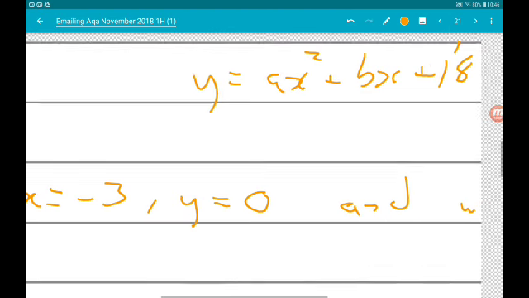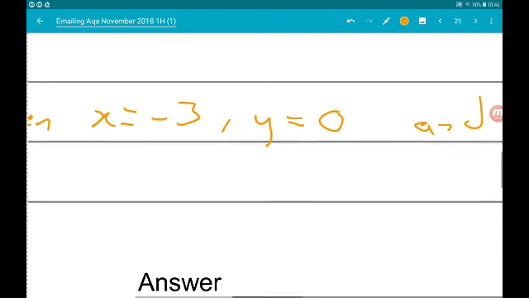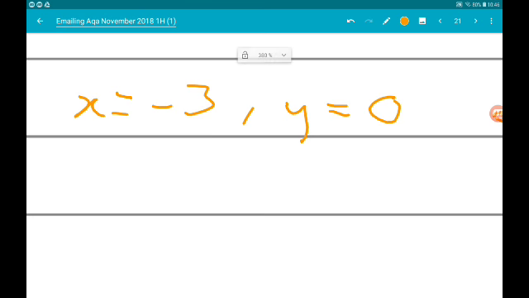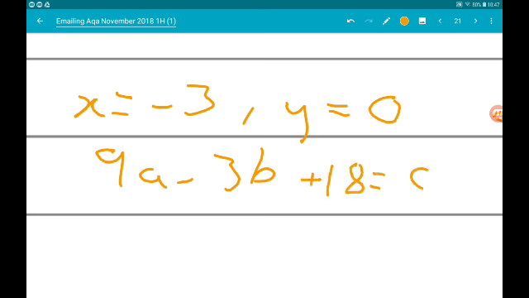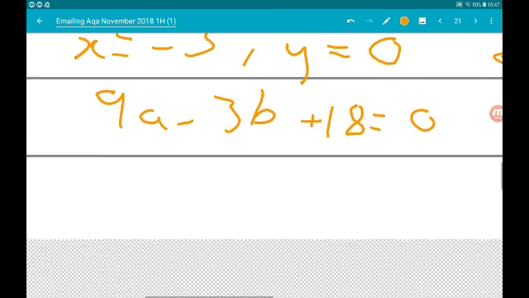Okay, so when x is minus 3, we get a times minus 3 squared, which is 9a, add bx, so that's going to be minus 3b, add the 18 is equal to 0. Now that gives us a common factor of 3, so 3a minus b.